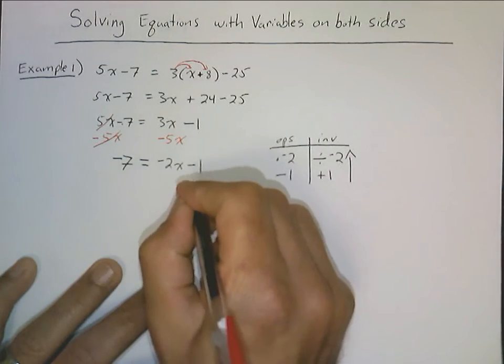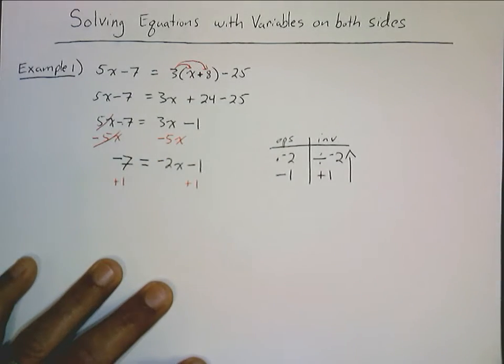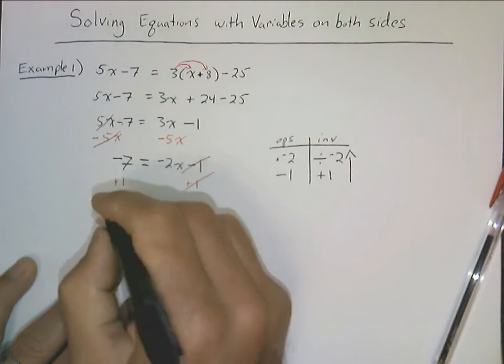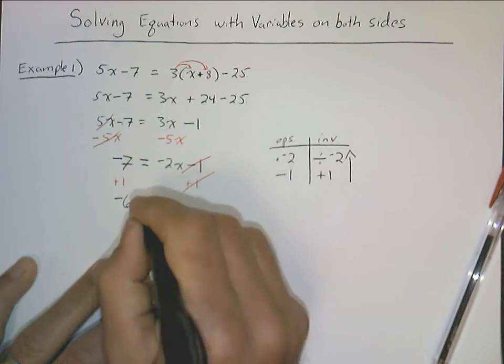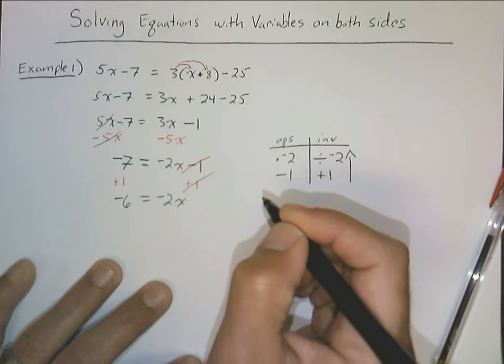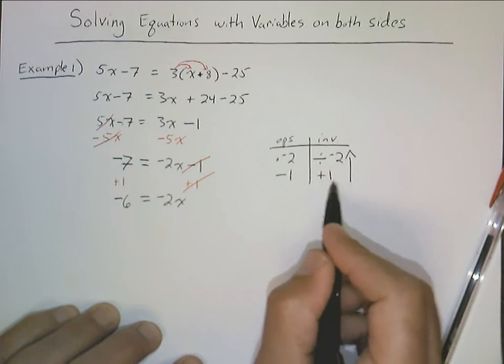And so we add 1 over here, we add 1 over here. Those two things will cancel out. So negative 7 plus 1 is negative 6. That's now equal to negative 2x. Now, we've done this adding 1.